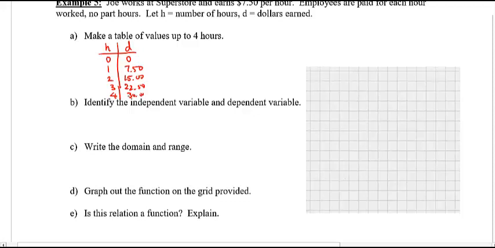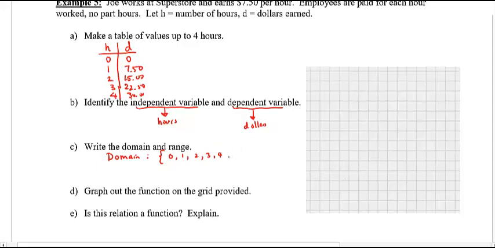Now what's my independent variable? Yeah, that is what you can choose, the number of hours worked. The dependent, what they provide you, would be the actual dollars made. Now how about if I ask you to write the domain? Well, once again, my domain here is just the set of elements in the first set: 0, 1, 2, 3, 4. That's it.